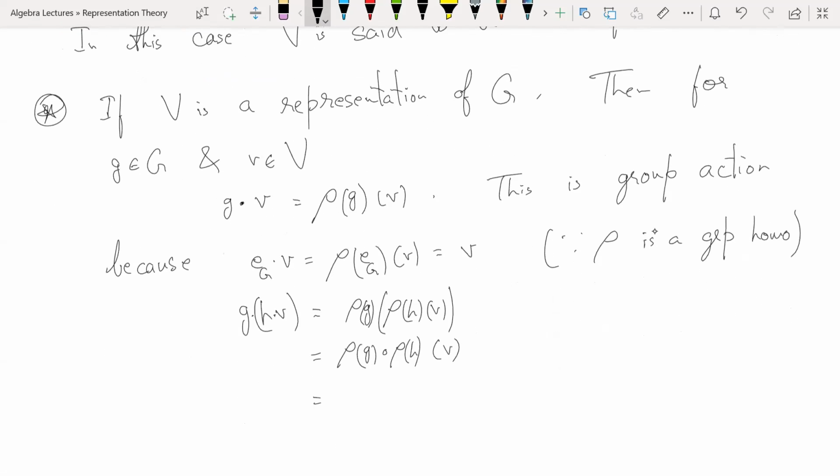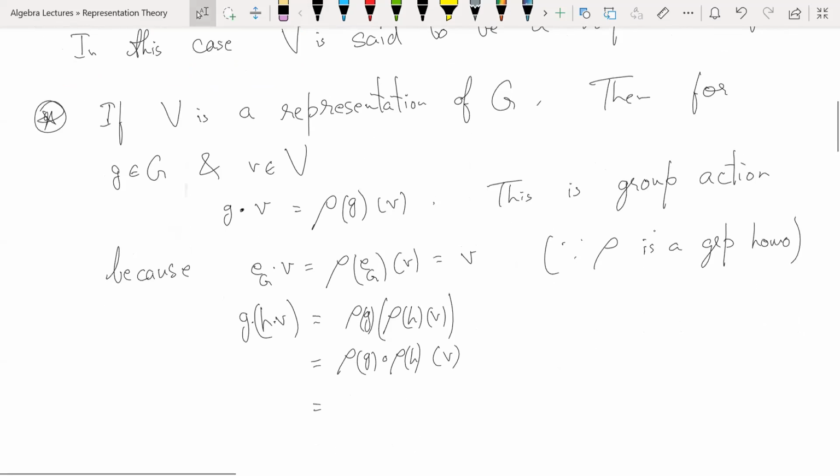But we know that rho is a group homomorphism, and the group operation in G is g times h, and the group operation in GL(V) is composition. So this is the same as rho of gh evaluated at v, which is gh dot v. So these are the two things one has to check to make sure that this is a group action.